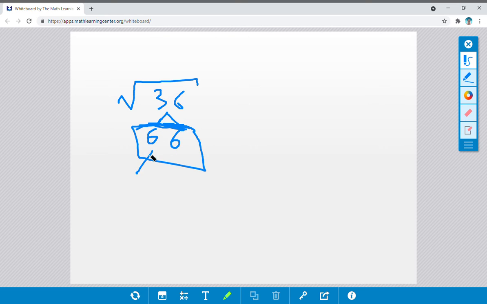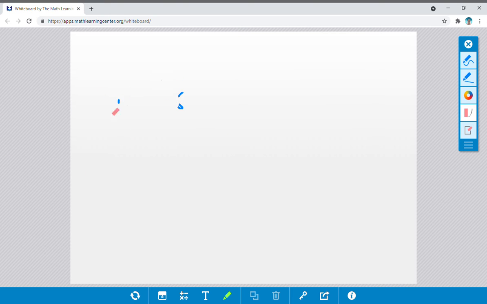If you prime factorize these any more, it will become 3 times 2. These are prime numbers, but they are not the same and do not equal 36. Same with this. So I like to stop right on 6, 6. So that's another way. But just remember the first way I told you.